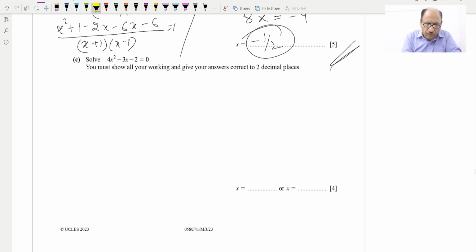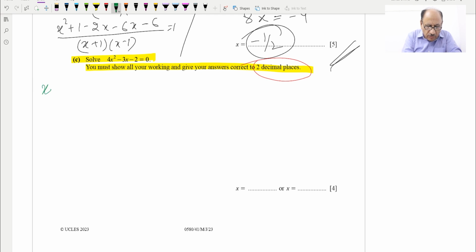Now we need to solve this quadratic equation. You must show all your working and give your answer correct to 2 decimal places. Whenever they say correct to 2 decimal places, there are more chances that it will be a decimal answer, and it is better to use the quadratic formula in that case.